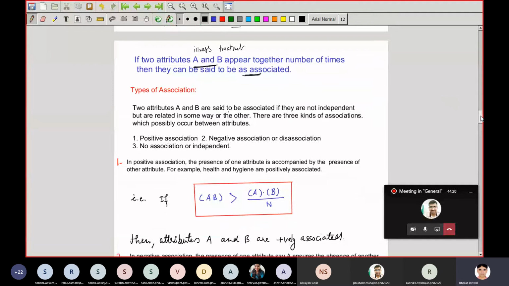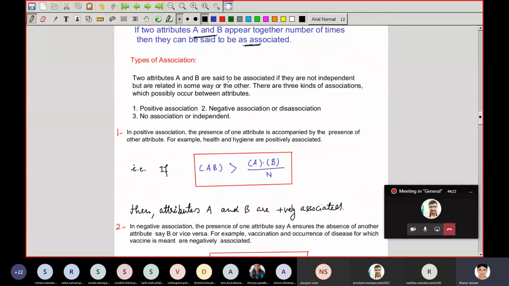So the question is, what are the different types of association if there are certain attributes? Basically there are 3 types of association. A and B are said to be associated if they are not independent. If they are not independent, then we can say that they are associated with each other.